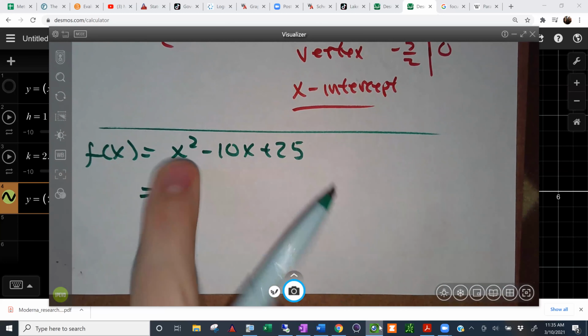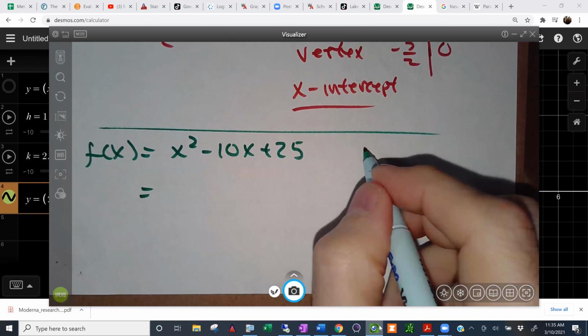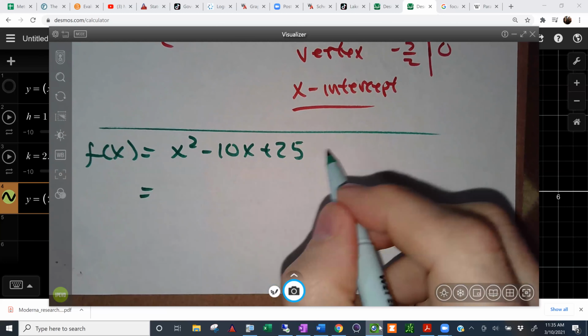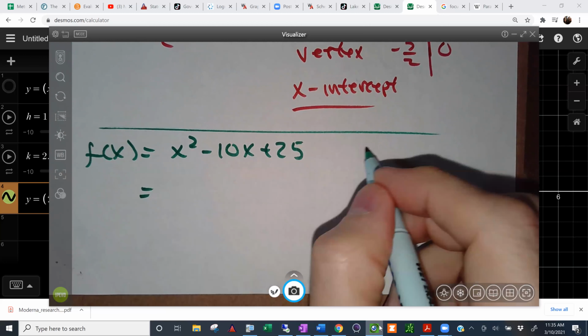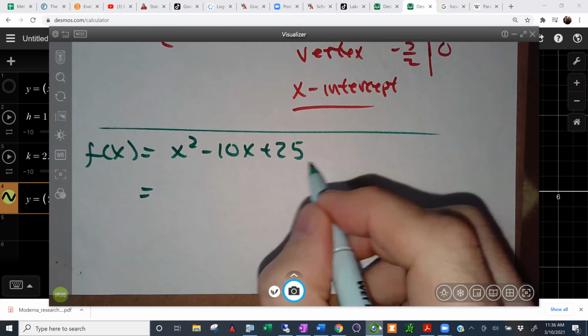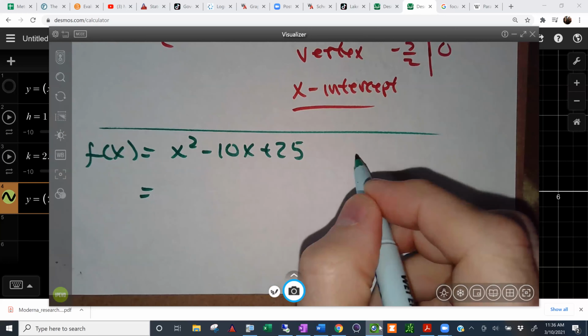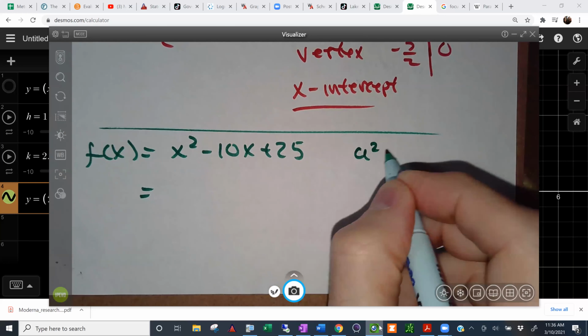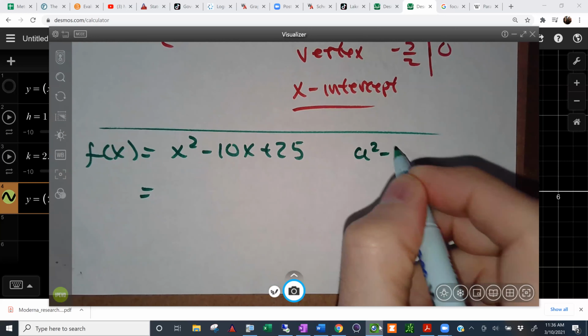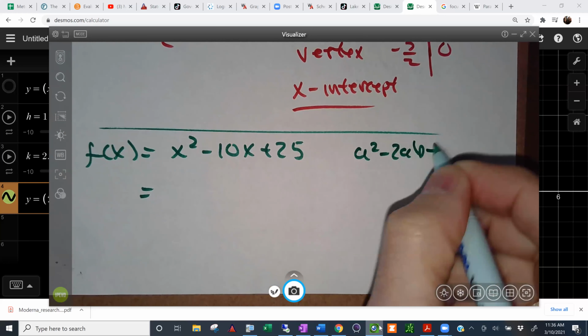So what you might want to check is, does the middle term satisfy being of the form 2 times a times b? Because this one's a squared minus 2ab plus b squared, another perfect square.